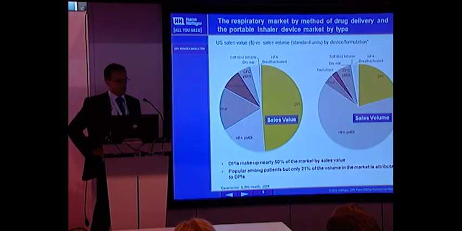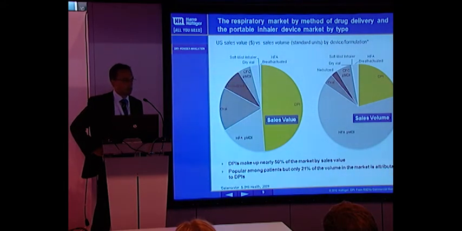You can choose between an aerosol or a dry powder inhaler. You can see that in sales value, 50% of the US market is related to dry powder inhalation, while the aerosols make around 20% of the market in the US.